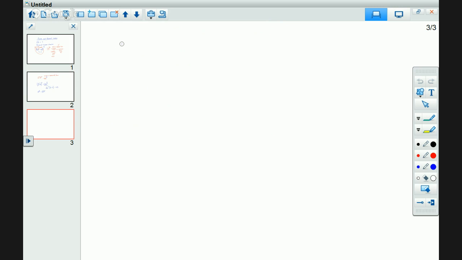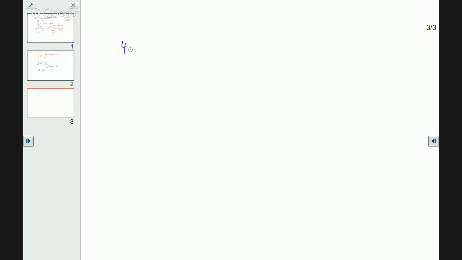So let's say (4n) to the 3/2. Yes, that's where people get stuck. It's the whole term to the third power.